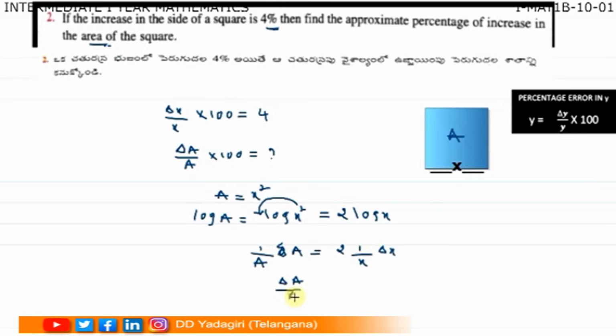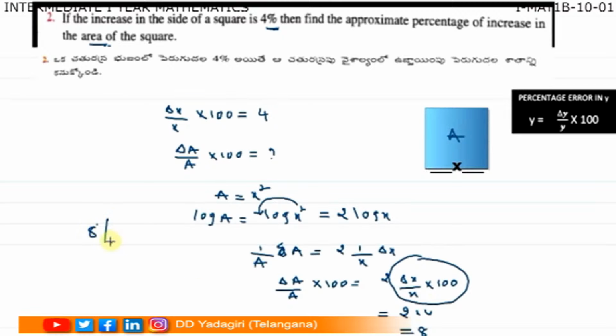Delta A by A into 100 is equal to 2 into delta x by x into 100. This particular part, delta x by x into 100, is given as 4. So you will get the answer as 8. So the percentage error in area is 8%, which is the final answer.